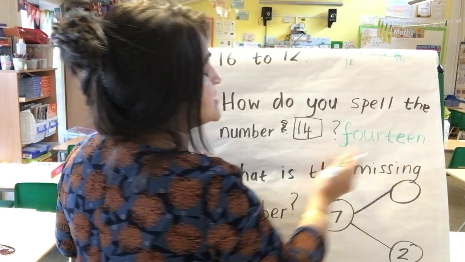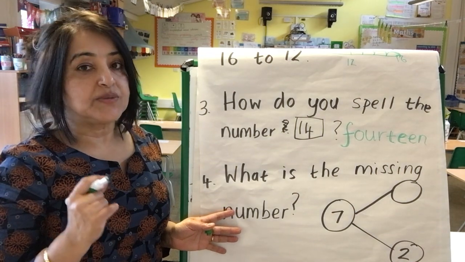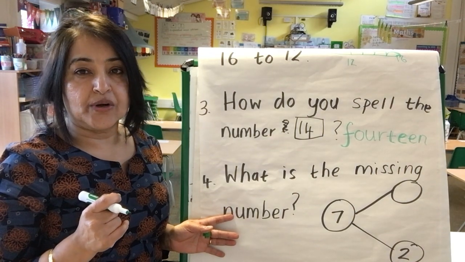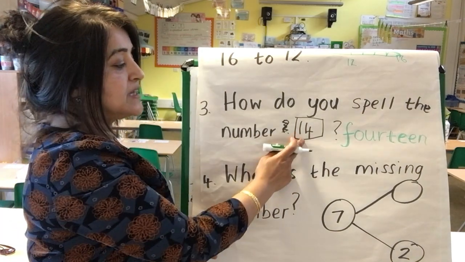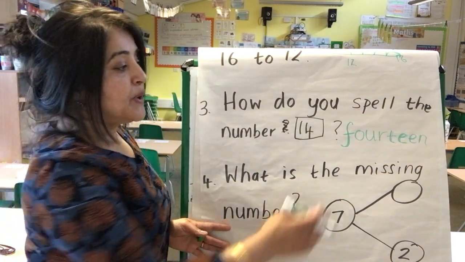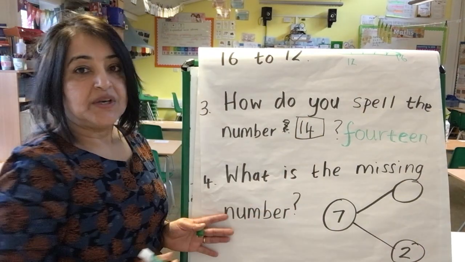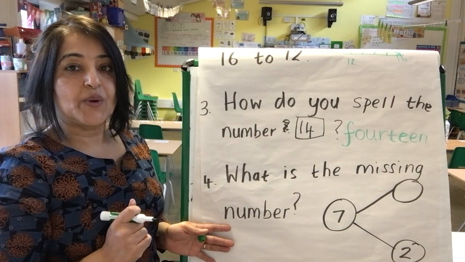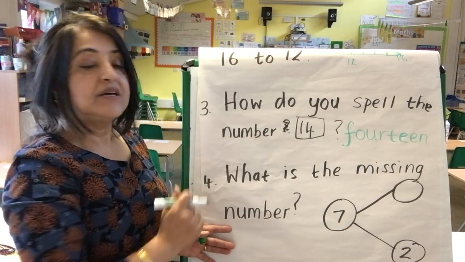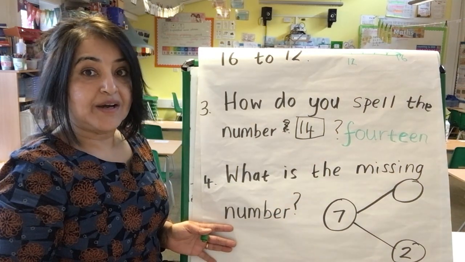Because one of the things that you've got to be able to do in year 1 is read and write all your numbers from 0 to 20, not only as numerals, but also in words. So perhaps later on, when you've got a spare moment, you can practice writing all your numbers from 1 to 20 as numerals and then write them as words. But well done if you got that right.